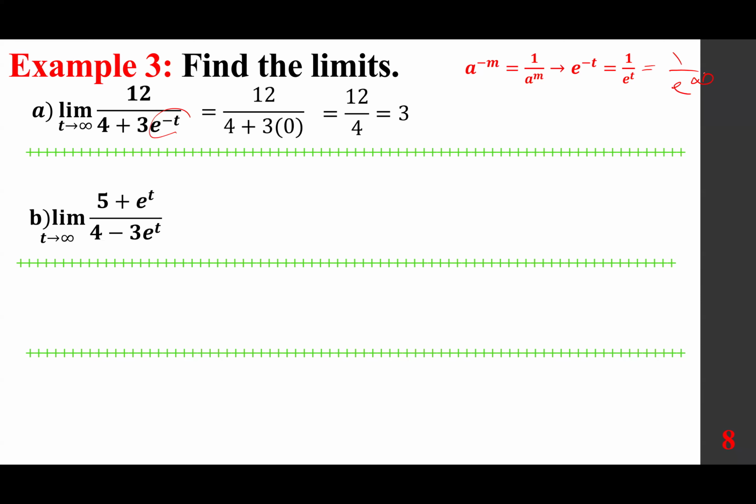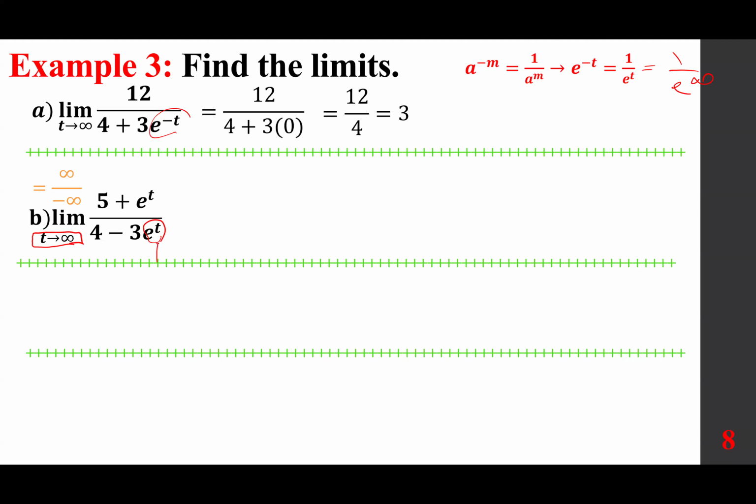In this case, if you plug in, the numerator becomes infinity, the denominator becomes negative infinity. This is not a rational expression, but we treat it as one because it's a fractional expression. Since t is approaching infinity, we divide by the highest value.